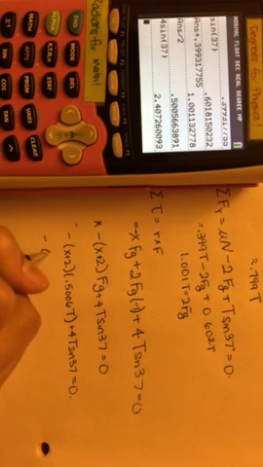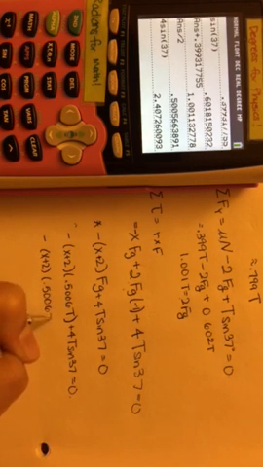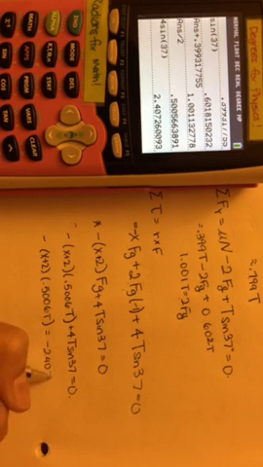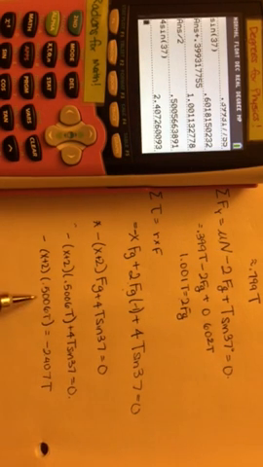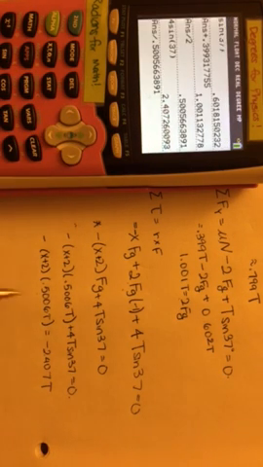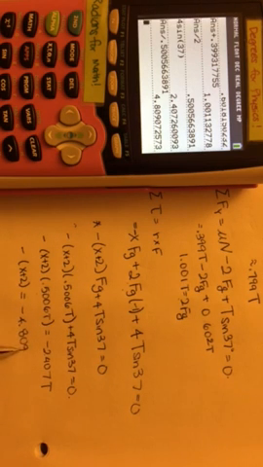So negative x plus 2 times 0.5006 T is going to equal negative 2.407 T. We're going to divide both sides by this one. So what you would end up with is negative x plus 2 is equal to negative 4.809.